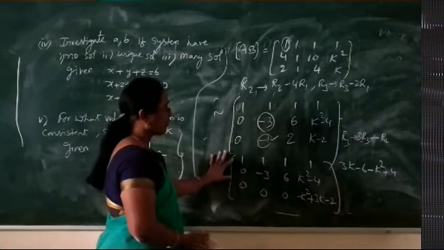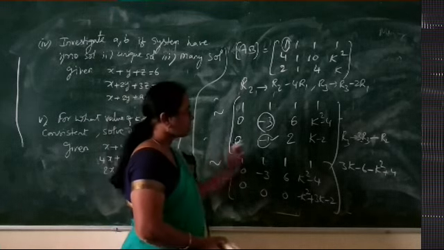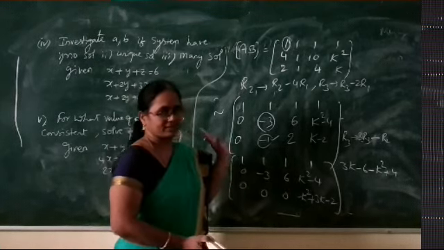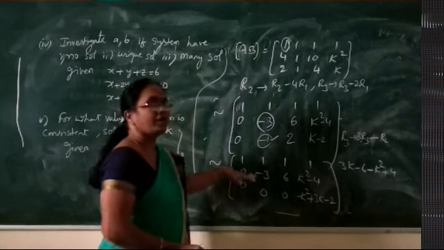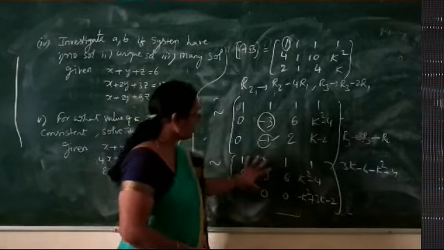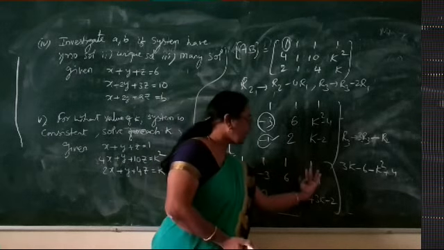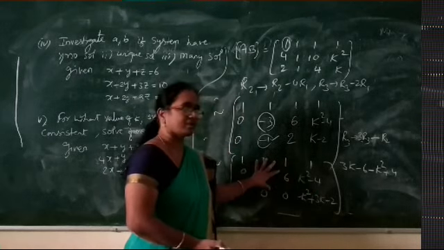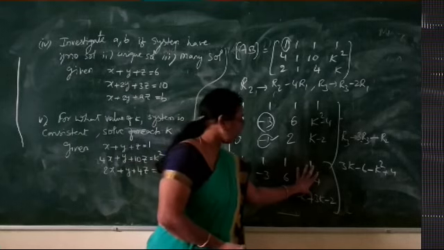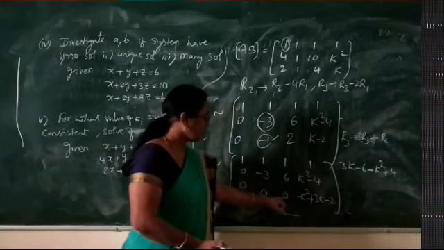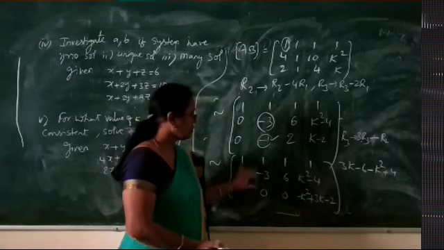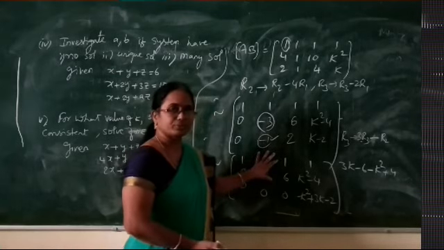Now from this echelon form we have to check what is the value of K for the system to be consistent. Right? And what is the rule of consistency? The rank of A must be equal to rank of AB. This is AB, the complete augmented matrix. When we remove the last column, we get the matrix A here. Looking at the first 3 columns, the last row is a 0 row, with 2 non-zero rows, so the rank of A is 2.